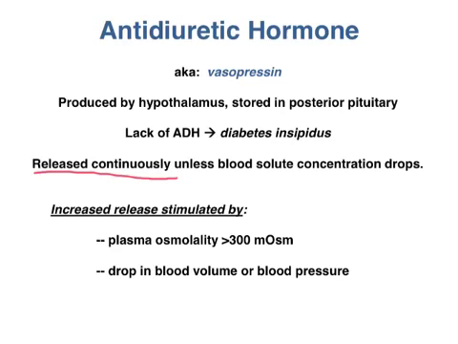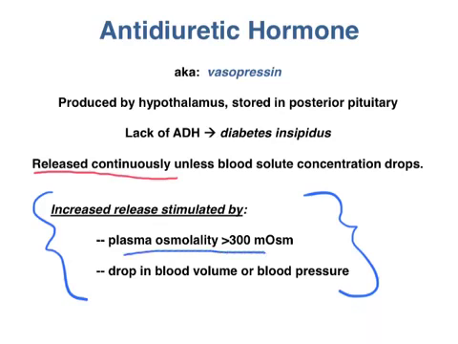So under normal conditions, ADH is continuously released at a constant level. However, when you need more antidiuretic hormone, you get an increased quantity of release. And this happens if your blood becomes too concentrated. So that's an indicator of dehydration.